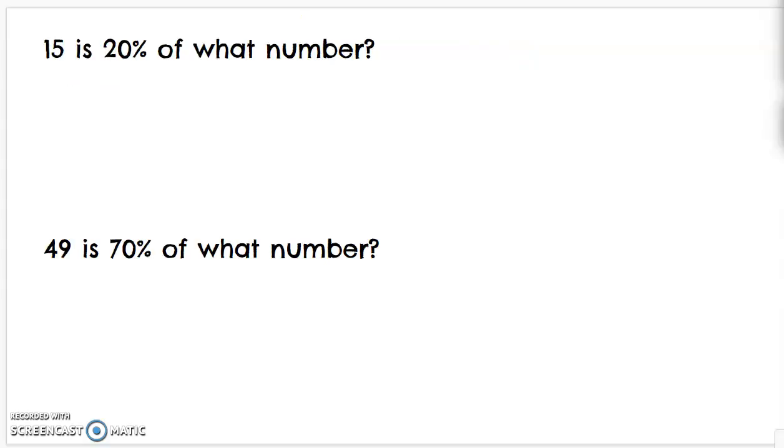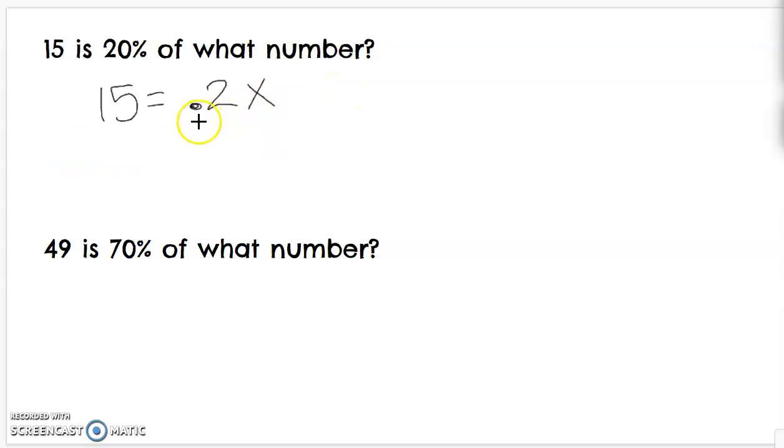Okay, let's look at a few questions where it is not just what is the part and you have the percent and the whole amount. So this one gives me the part, 15 is 20% of what number? So this time I have 15 equals 20% as a decimal, and then I don't know what number that would be. I don't know what 20% of this number is.